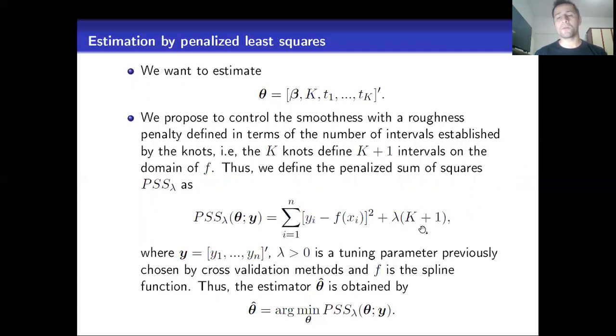And we impose a penalty to control the smoothness of the estimates, added to the sum of squares.